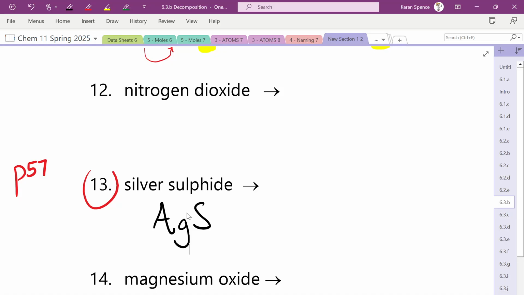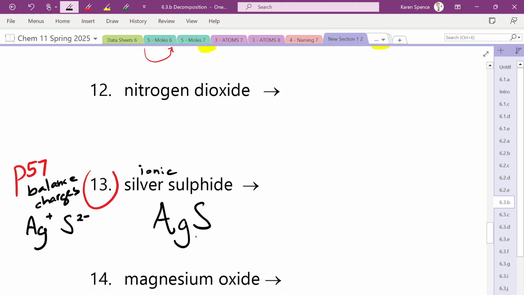If you're thumbs downing me, that's good, because if you have an ionic compound, you have to balance the charges. And Ag is +1, sulfide is 2-, and so we need to have Ag2S. It's going to break down into its 2 elements. One of them is Ag.